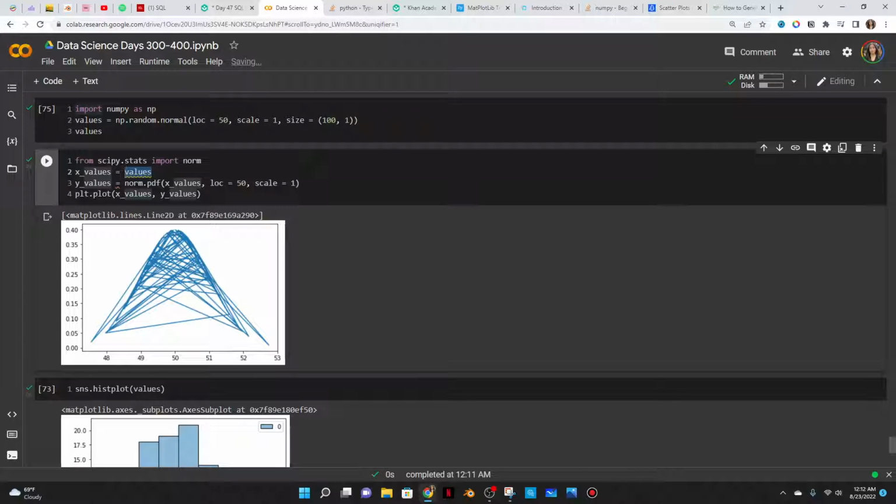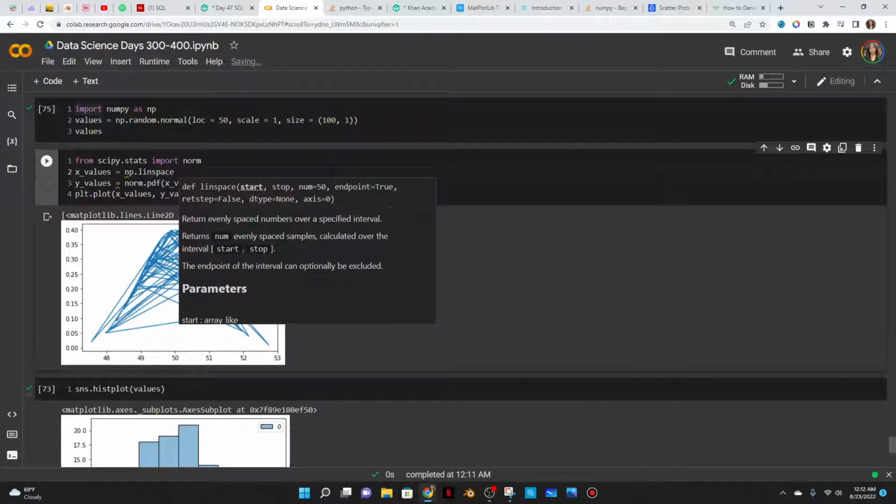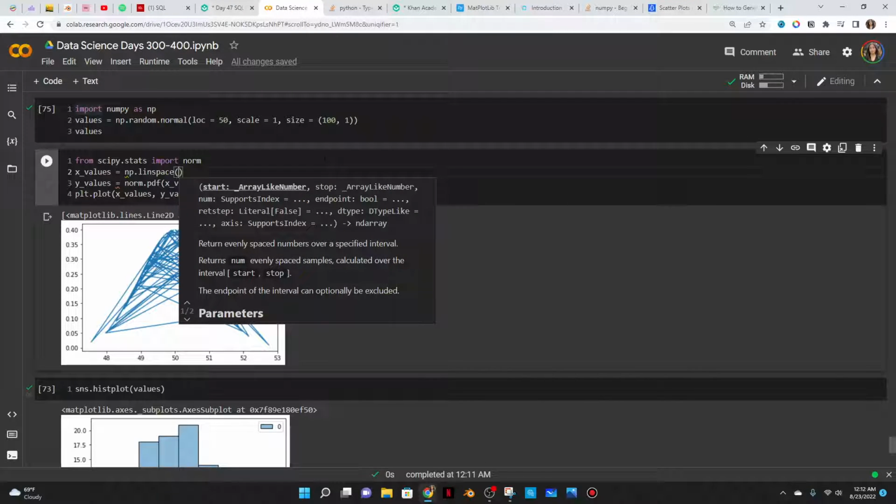So then in order to do this, I would do np.linspace, because they're not ordered because they're random. So it would be np.linspace, and then I would start with, but I don't have the variables.